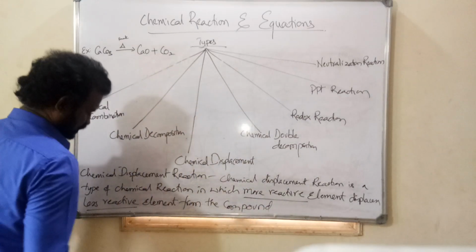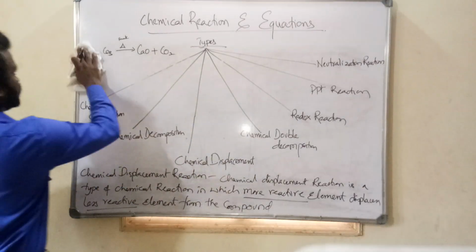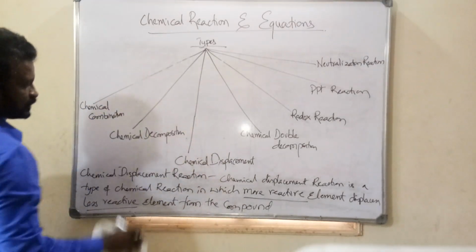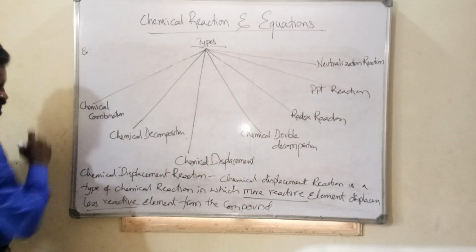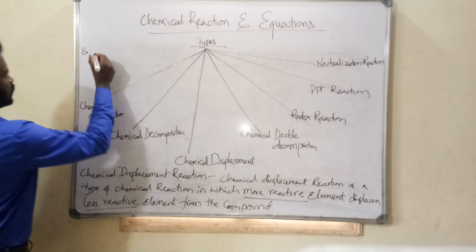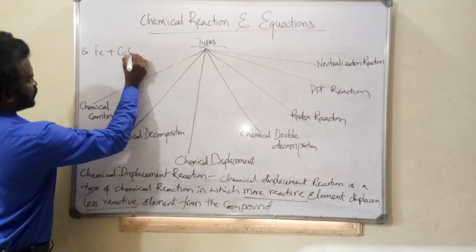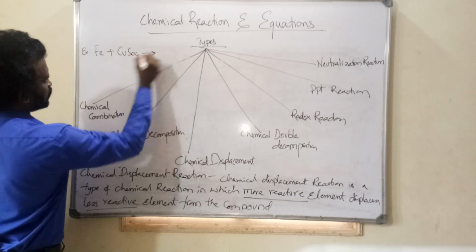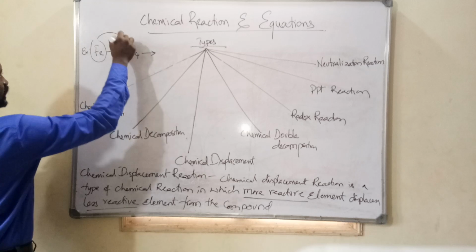That means a more reactive element replaces a less reactive element from the compound. Let me take an example here. Iron reacts with copper sulfate. Here, iron is more reactive than copper.